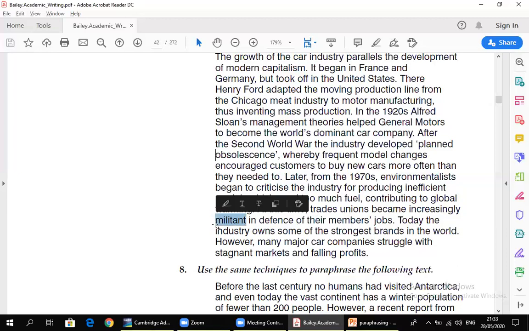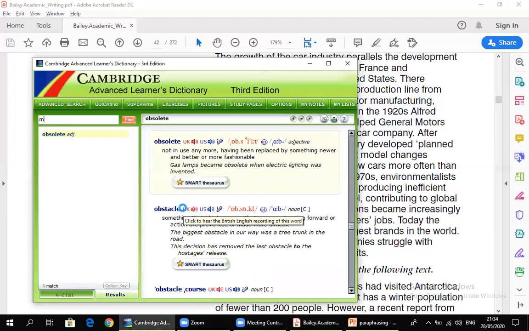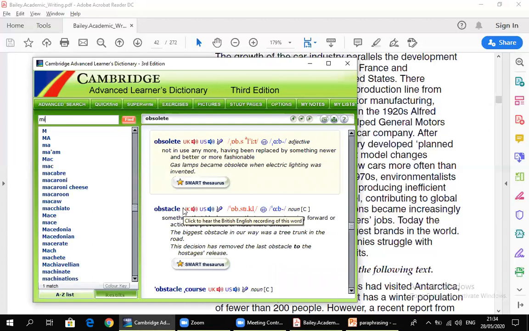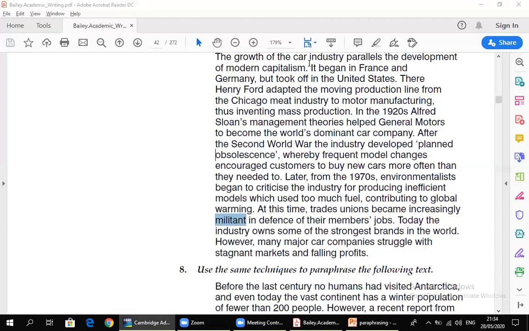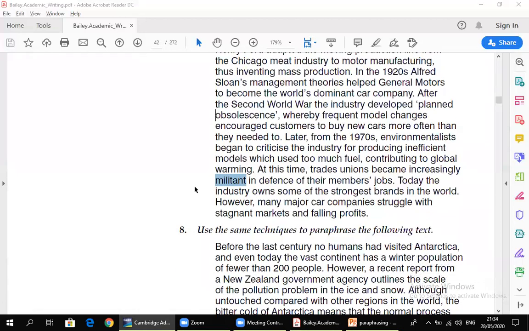I believe it stands for, or they took a defensive position. Let's check. Militant: a person who uses or is willing to use force or strong pressure to achieve their aims, especially to achieve social or political change. Exactly. A noun. Student militants were fighting with the police.